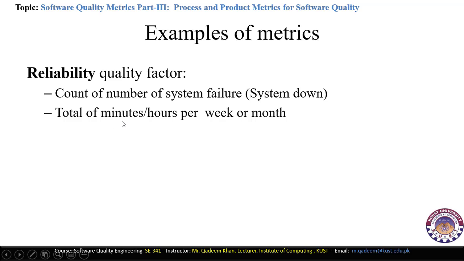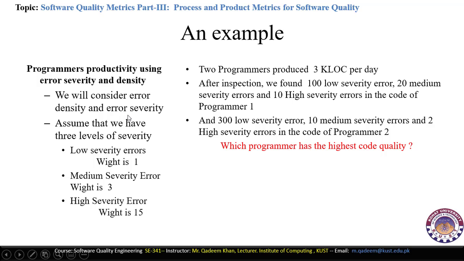Total of minutes divided by hours per week or month: how many minutes the system is up is divided by hours per week or hours per month. Here are examples of the metrics.